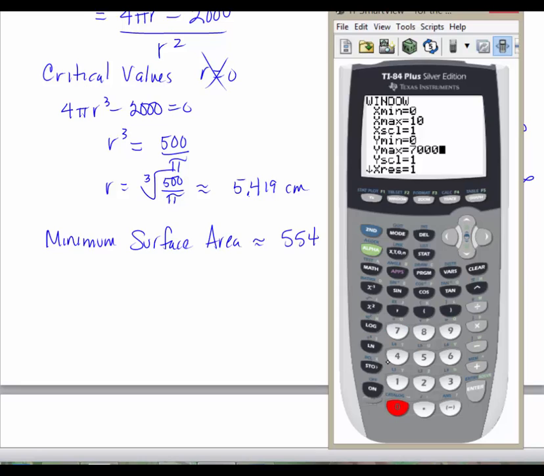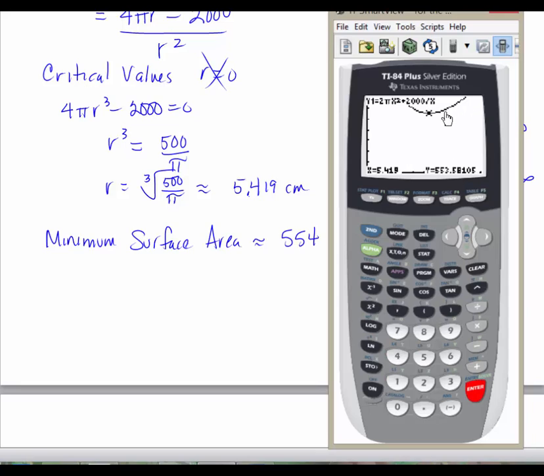I want to go beyond the 554. I'm going to graph that. And there, if we trace on approximately 5.4, you can see that that is the minimum value of our function.